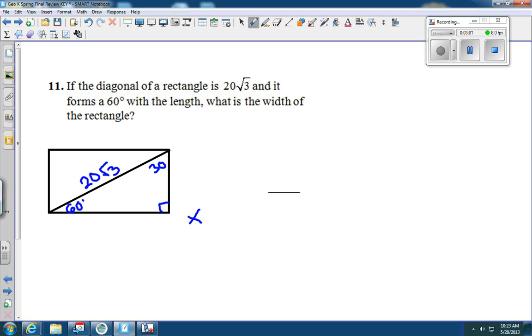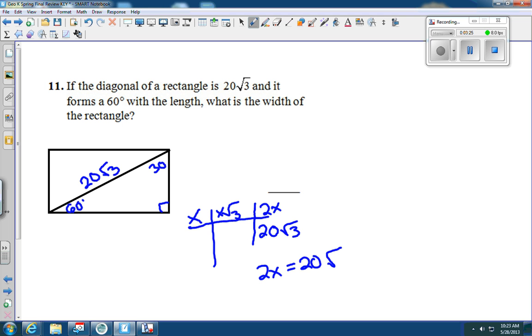I can do my little special right triangle table. The side across from the 90-degree angle is 20 square root of 3. So that means 2x equals 20 square root of 3.